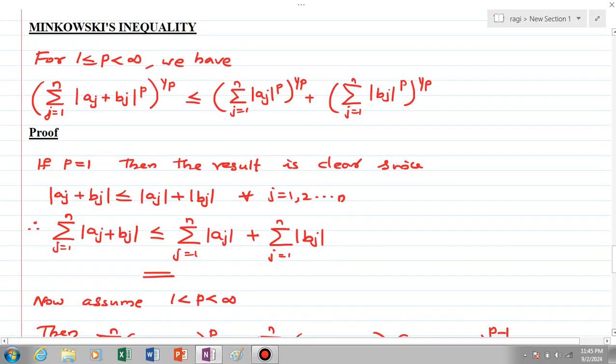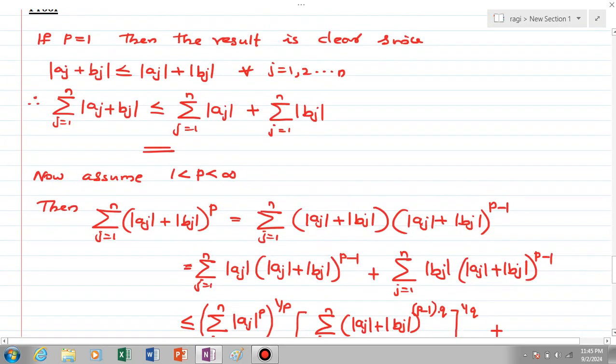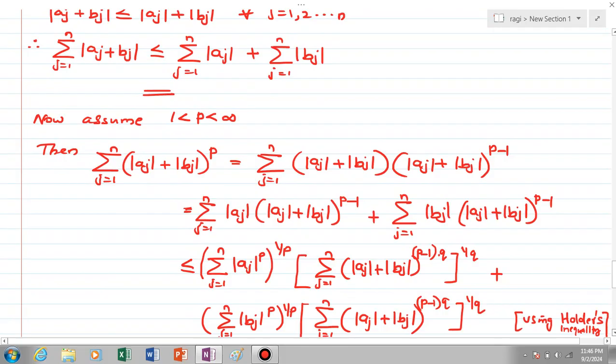Now we assume the case 1 < p < ∞. Remember in this case, Hölder's inequality, we can apply Hölder's inequality. Okay, so now consider Σ_{j=1}^n (|a_j| + |b_j|)^p.